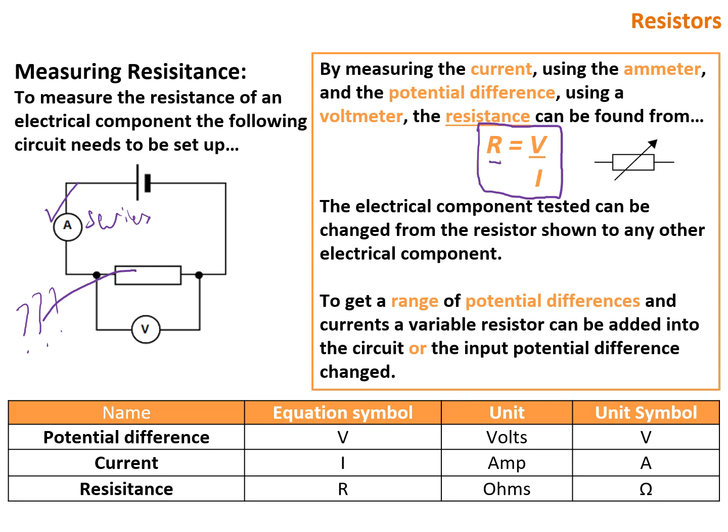So the resistance is equal to the voltage divided by the current. So all I need to make sure is I've collected the current in series and the voltmeter is attached in parallel, because it's measuring the potential difference between that point there I've just drawn and that point there.